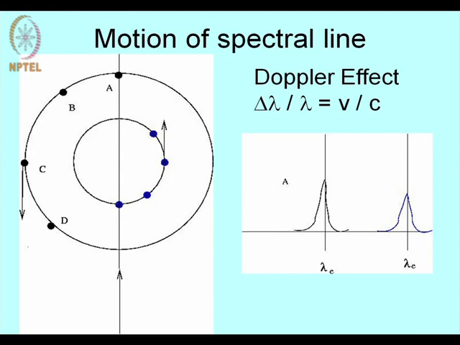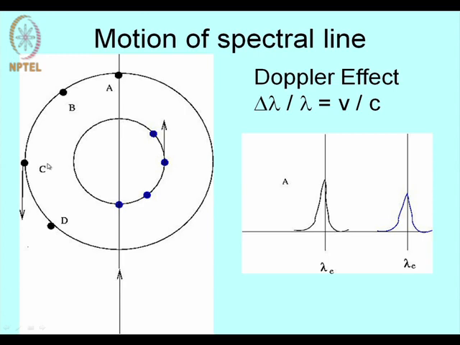So, let me try to explain to you what will happen if you have a spectroscopic binary. This picture shows you a binary system of two stars in circular orbit. Circular orbit has been particularly chosen to keep the analysis simple.